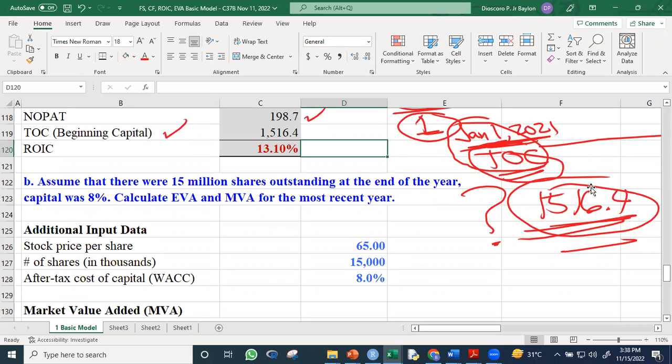Any guess, class? Sir, what was the question po? The question is, was management or operations able to create value for the shareholders? Initially, you answered no. And I told you the answer can be found. And I said the answer is yes. Management was able to create value for the shareholders. And my question now is why? And I said the answer there can be found below row 120.